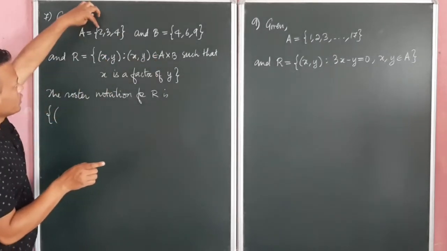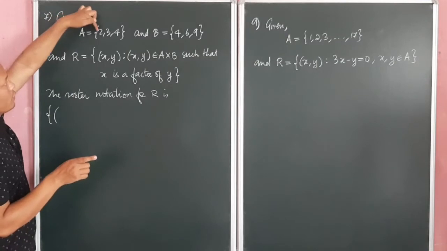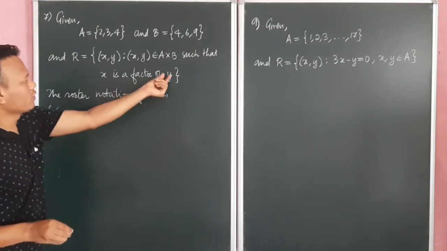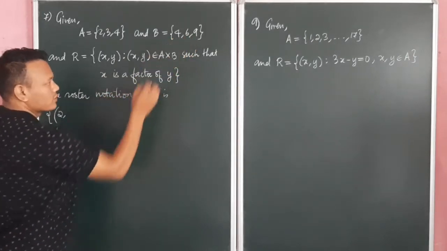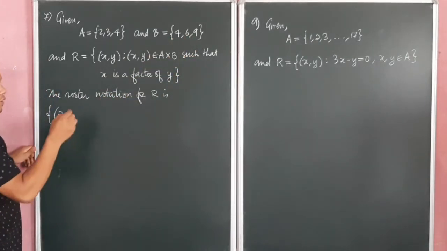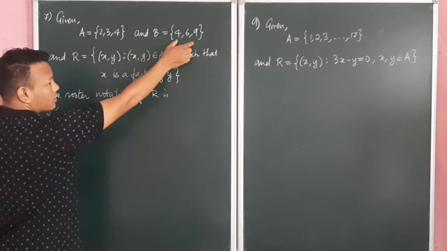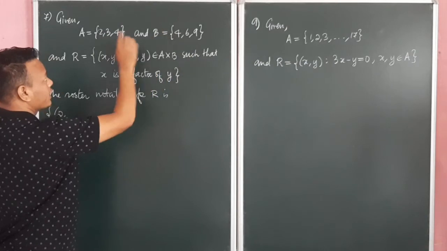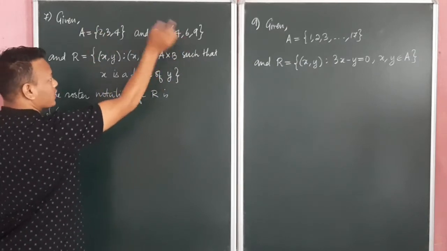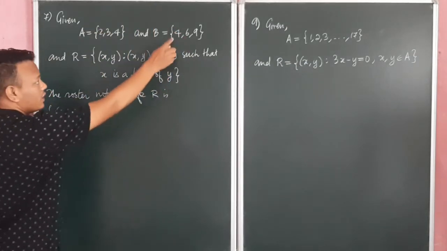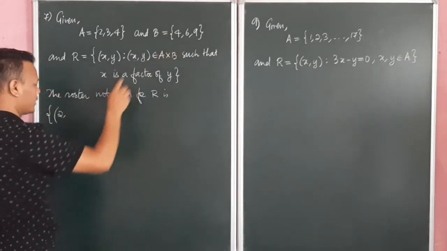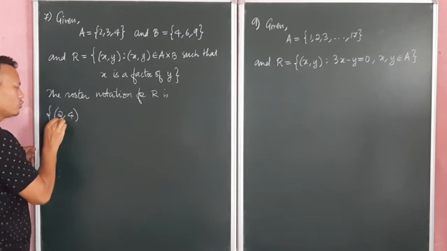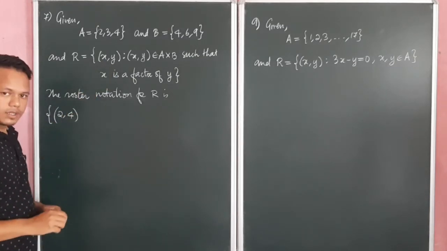So let me choose the first element of A, that is 2. Now it is said that this X is a factor of Y and this Y is coming from B. Now from B I have to choose a number such that X is a factor of that number. For example, if I choose 4, can I say 2 is a factor of 4? Yes, so 2 is a factor of 4, so that's why 2 comma 4 comes in this relation.